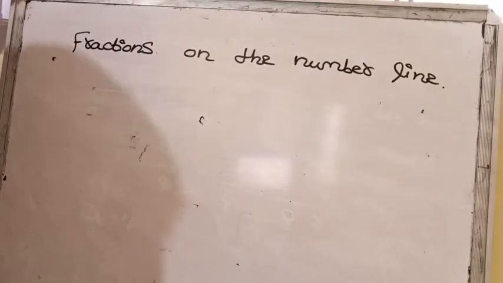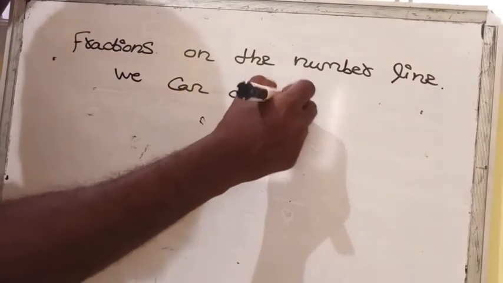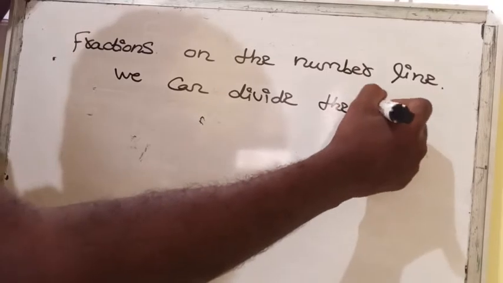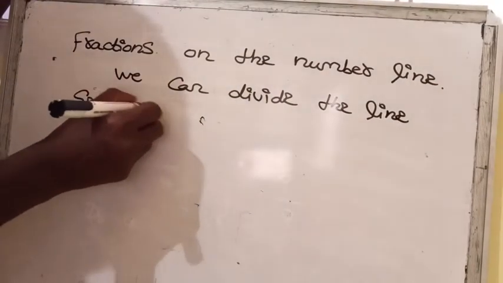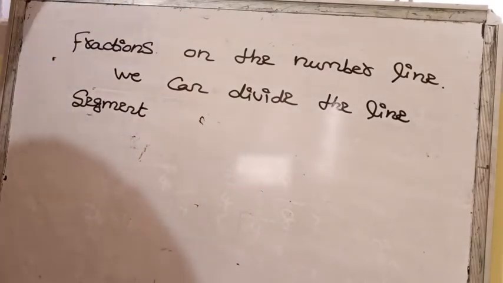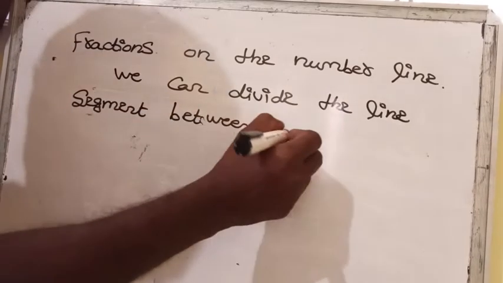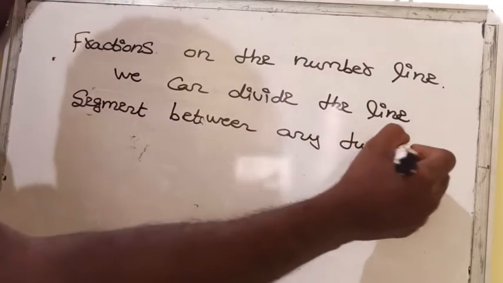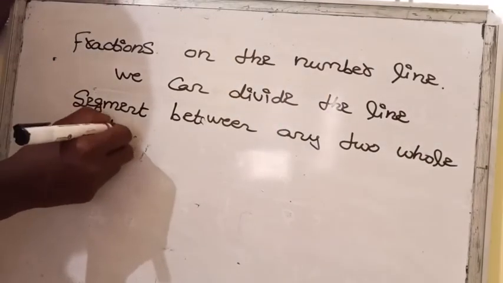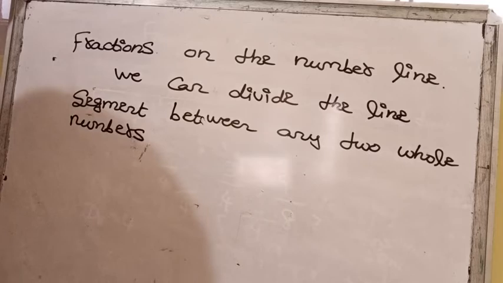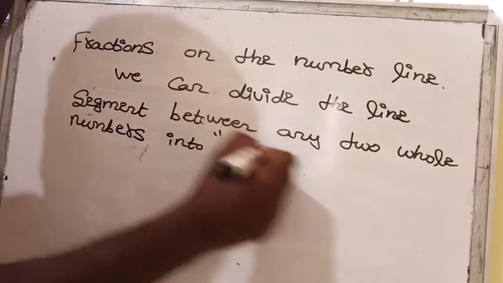So we can divide the line segment between any two whole numbers into n equal parts.